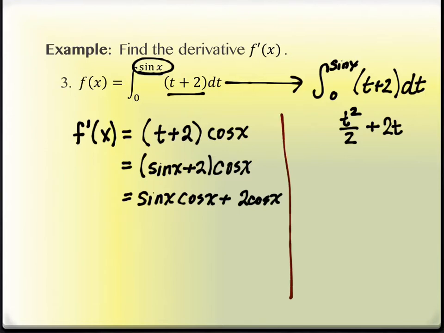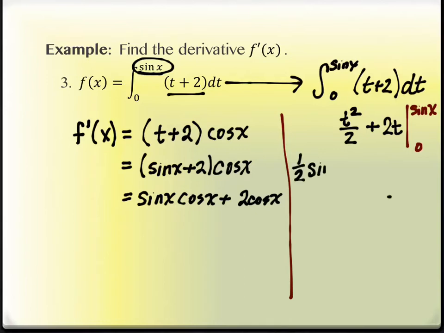Okay, is everybody okay so far? Okay. And then what we're supposed to do with the fundamental theorem of calculus is we're supposed to evaluate that from 0 to sine of x, excuse me, my letters all mixed up. So we're going to plug them in. We're going to plug in sine of x. So I'm going to write that 1/2 in front.